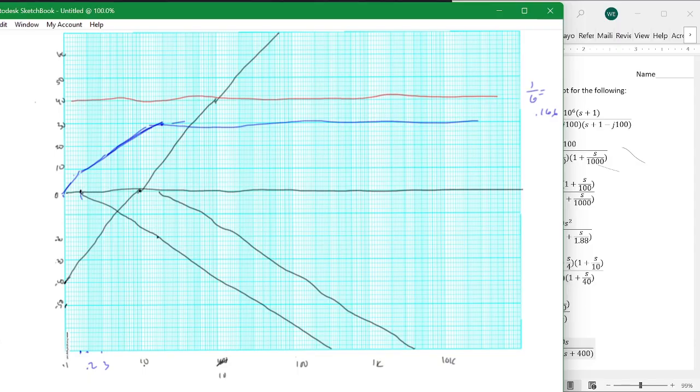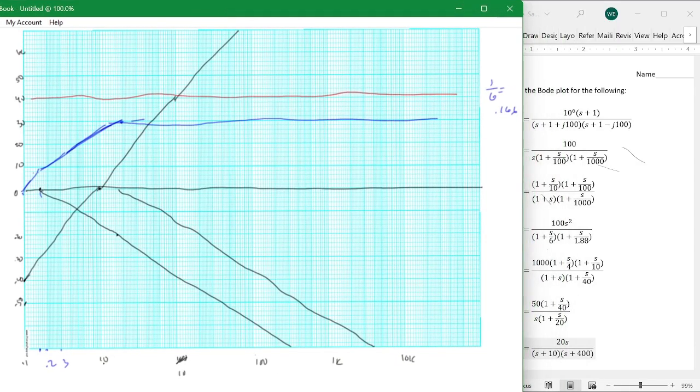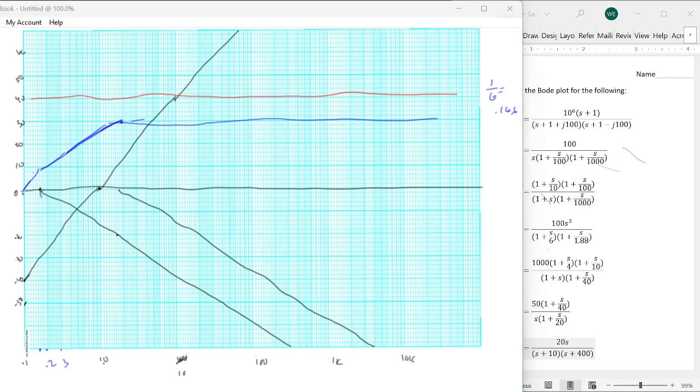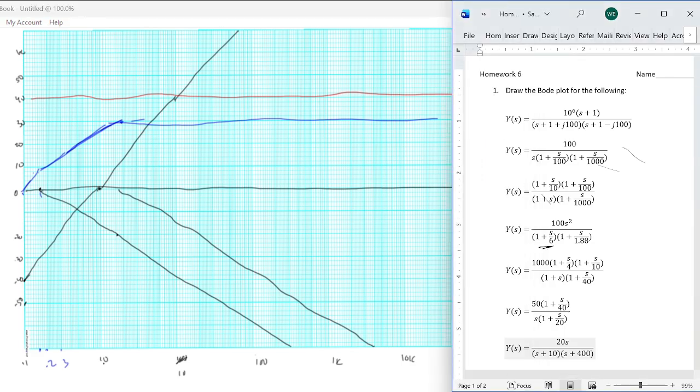I still didn't get you. This one right here is in the denominator, and it starts at 0.166, and it goes down. That's this line right here that goes down.